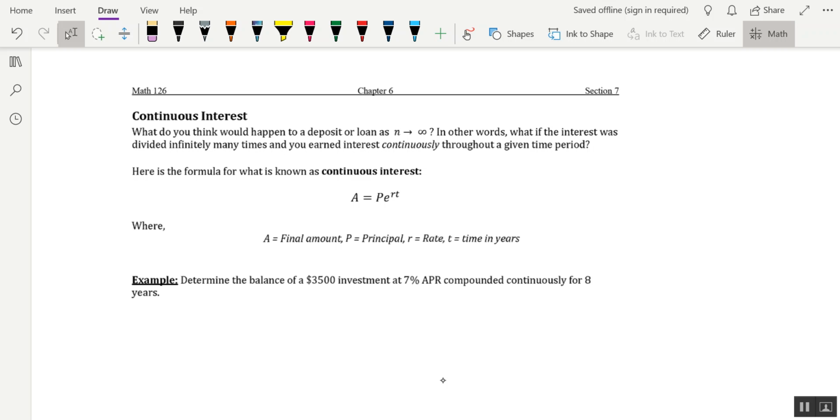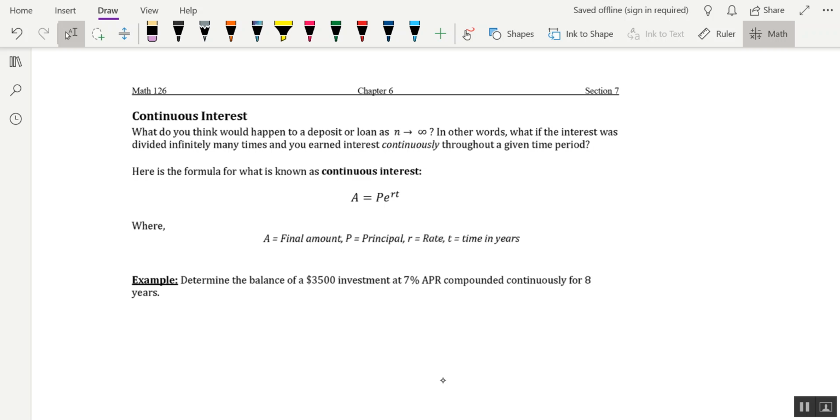So with the compound interest formula, n is typically a fixed value. And as it turns out, when you increase the value of n, you get a little bit more money at the end of the term of the loan. But it doesn't mean that you get an infinite amount of money.